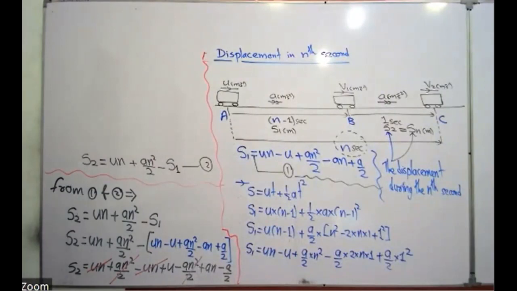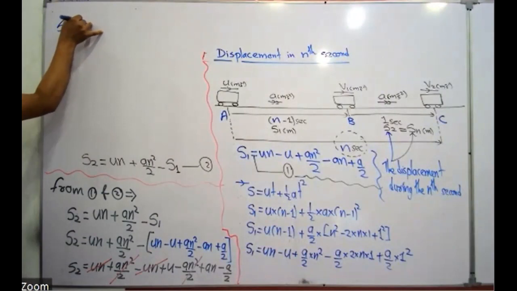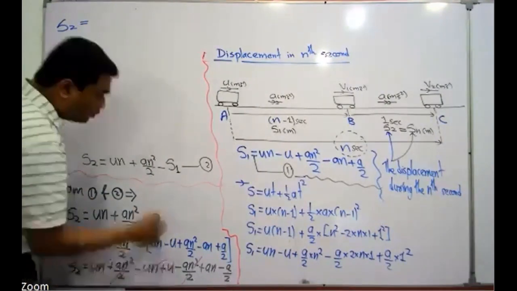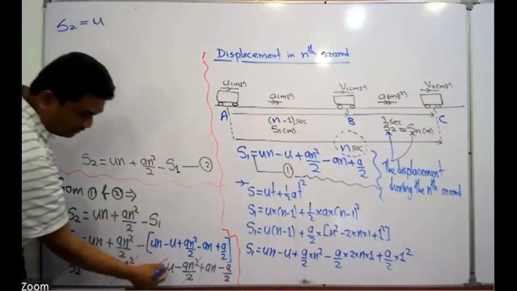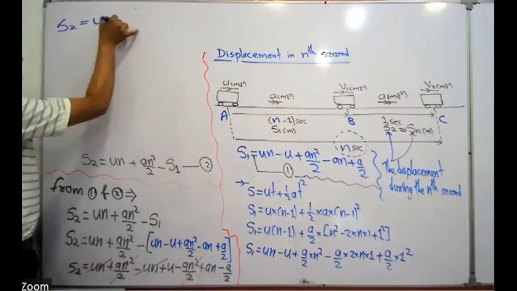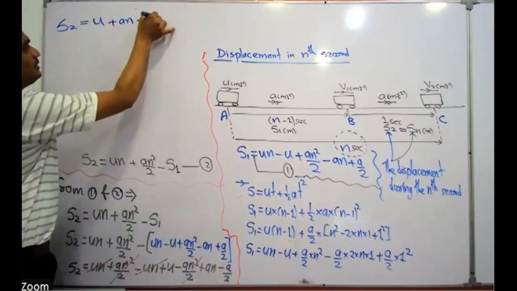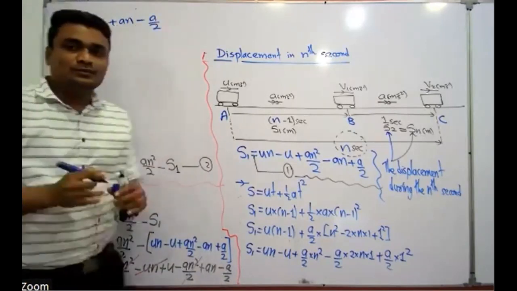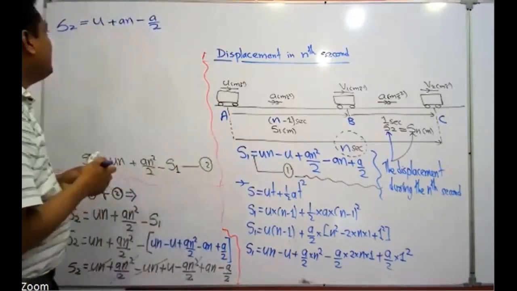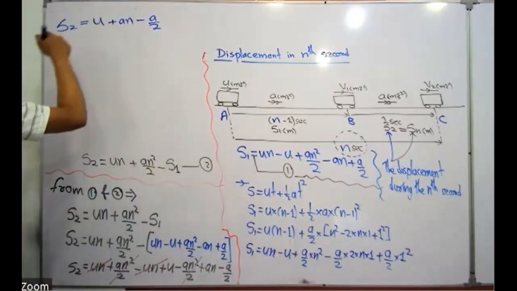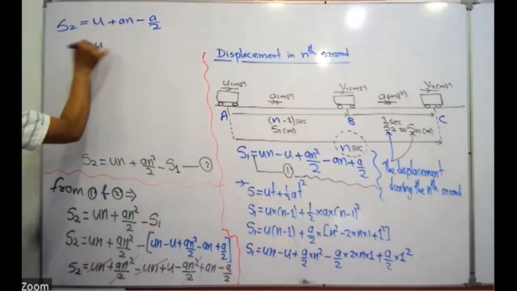S2 equals u plus an minus a over 2. Okay? So those are the remaining terms. I can simplify this.